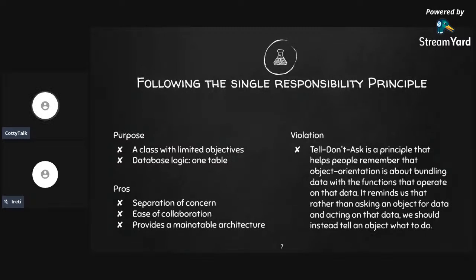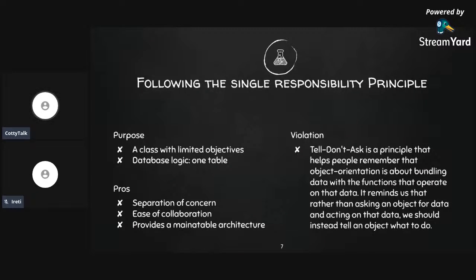The pros of SRP are, first, the separation of concerns. Each table holds its own details and its own responsibility, as it were. It is easy to collaborate when it comes to models, because it is easy to say, okay, I know where this thing is happening, and I know how to adjust or get the query that I need to use.